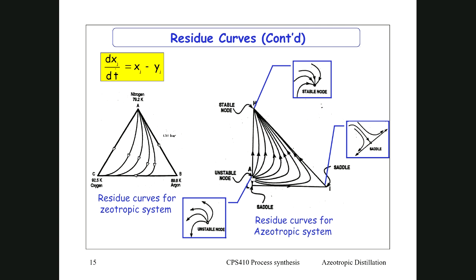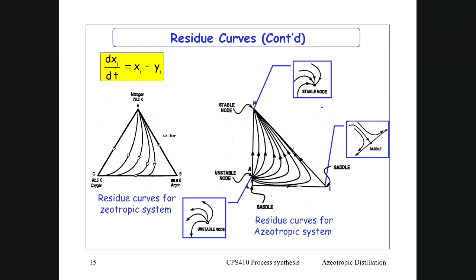And that is the unstable node. So you'll note that there's an arrow pointing downwards from A down to L. Now L becomes a saddle because these residue curves cannot touch L.